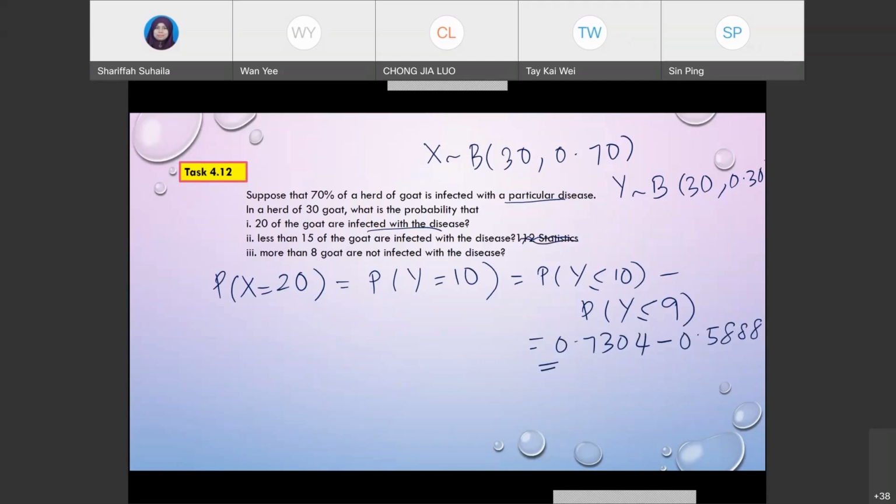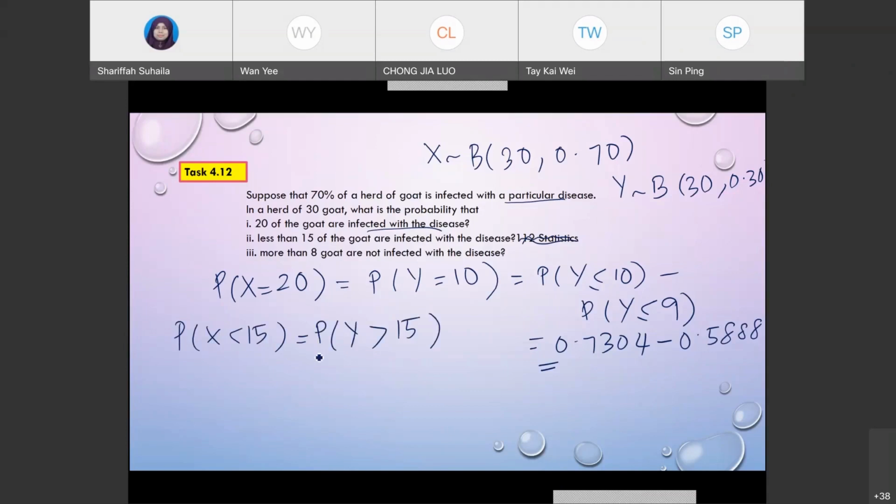Okay. The next one, less than 15 are infected. So probability X less than 15. If you change to Y, 30 minus 15 is again 15.